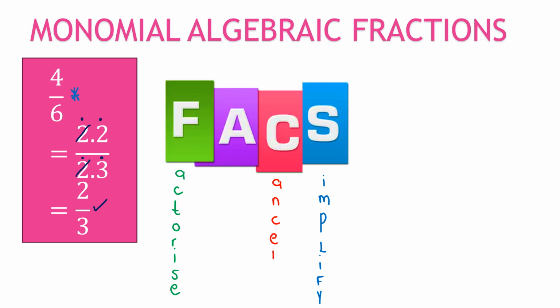Now I'm just going to pause on the cancel because I hate using that word. So we aren't actually canceling, we are in fact seeing how this value works itself out, because this is 2 multiplied by 2 over 2 multiplied by 3.